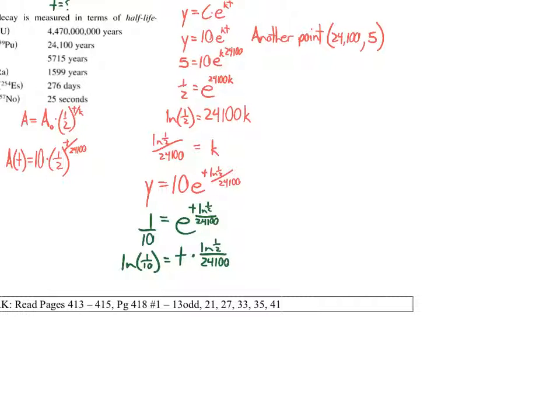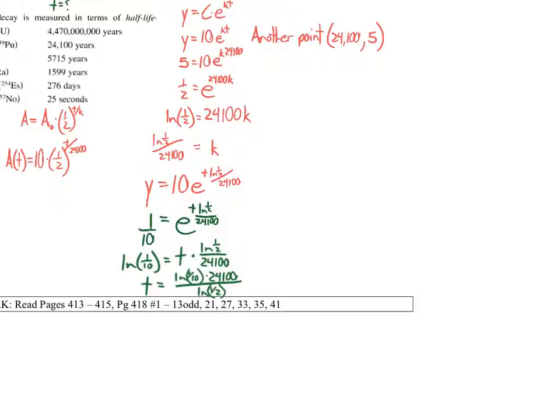And that means that I'm going to multiply by 24,100 over ln of 1/2. So I get t equals ln of 1/10 times 24,100 over ln of 1/2.